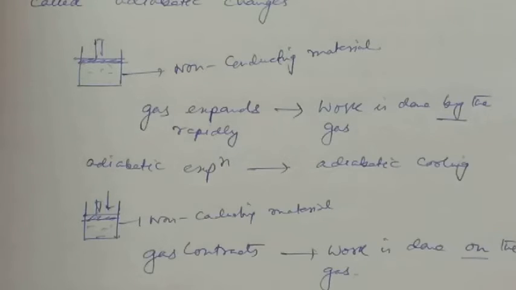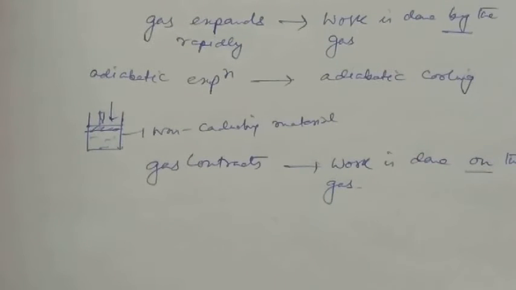Because if I am exerting external energy into the system, that energy is going to be stored as internal energy of the gas. In turn, a rise of temperature will occur because heat is stored there. Such compression of the gas is called adiabatic compression, and the corresponding temperature rise is called adiabatic heating.